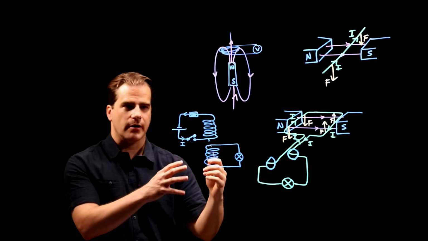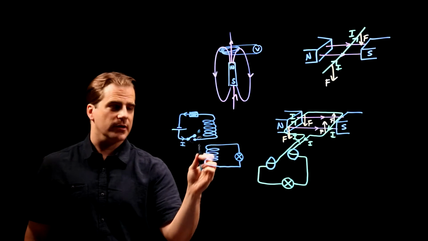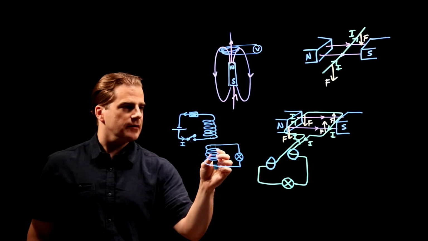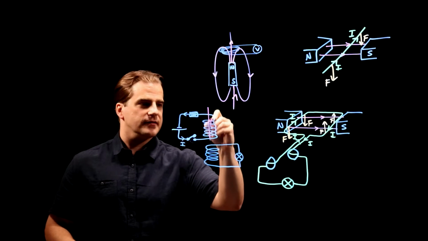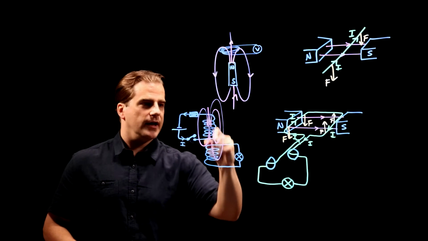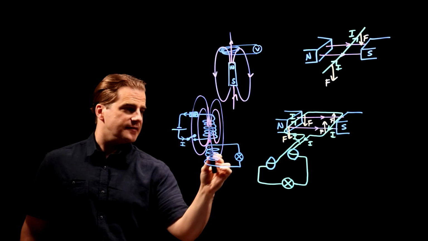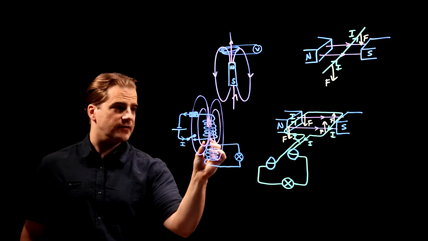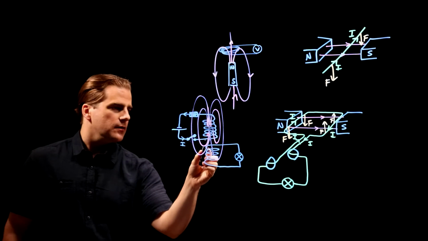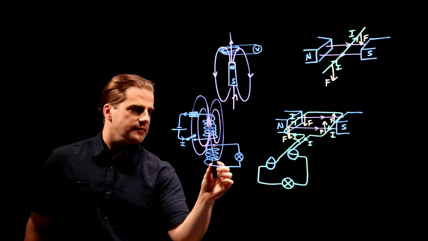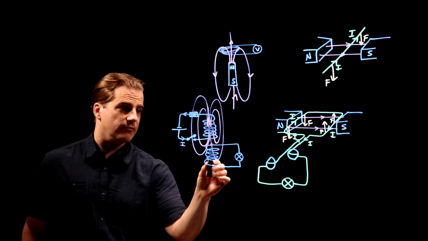Okay, so the current will go from 0 to some number, which means the magnetic field in this coil will go from 0 to something. Okay, so you get a magnetic field in this coil here. And because this coil, even though it's physically unconnected, it's sitting inside the magnetic field of this coil, solenoid, I should say, to be technically correct, that means the magnetic field that this solenoid is experiencing goes from 0 to something.